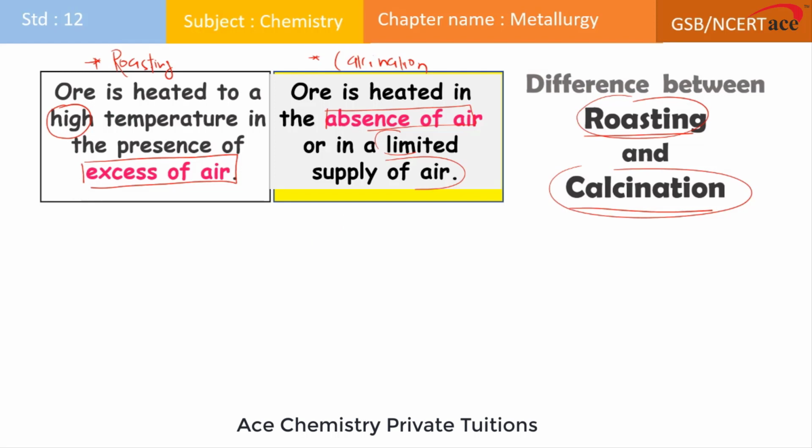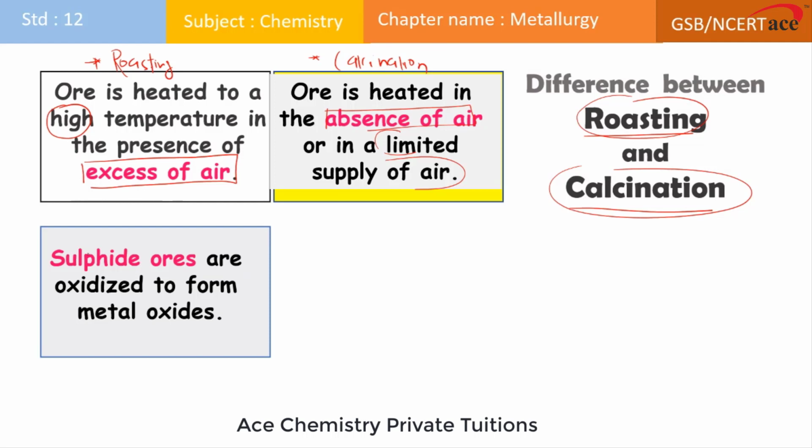Yes, sulphide ore. If sulphur is associated as an impurity, all sulphide ores are oxidized to what? Metal oxide. The conversion of metal sulphide to metal oxide is referred to as what? Roasting.